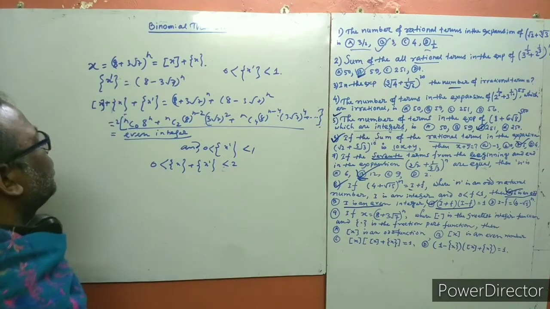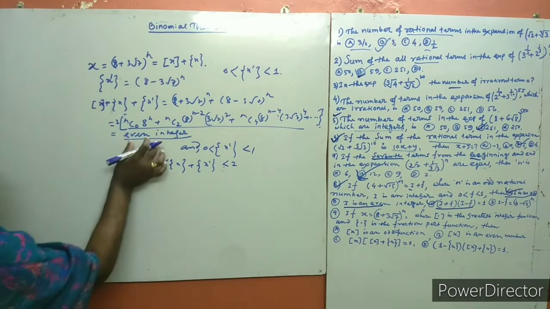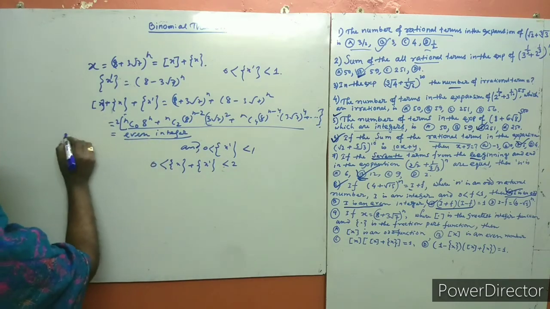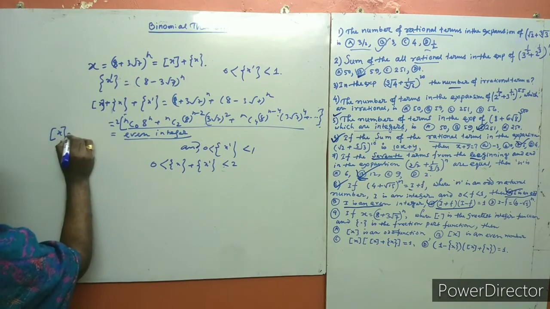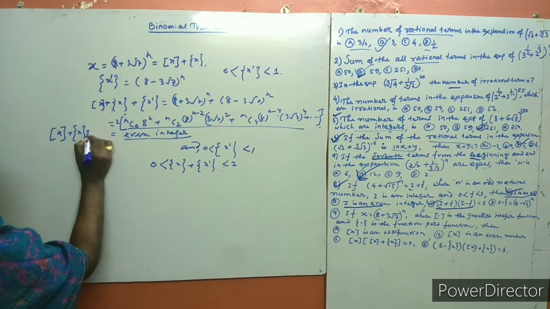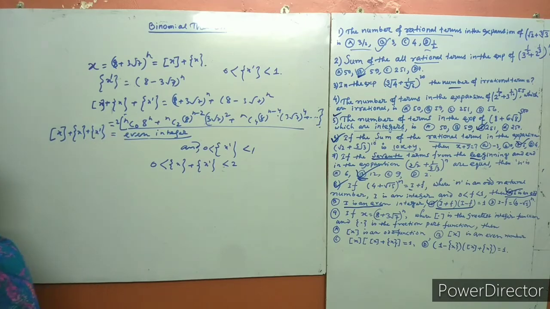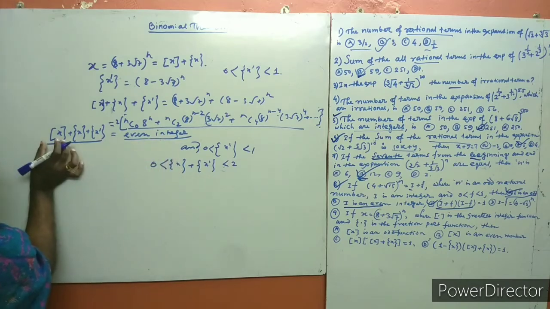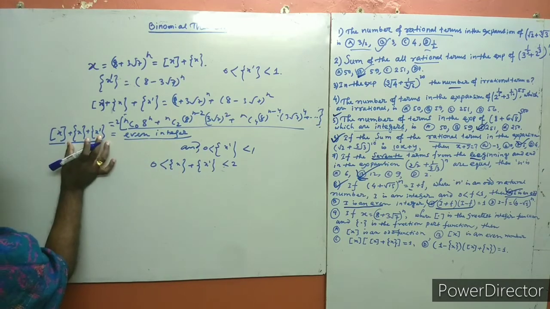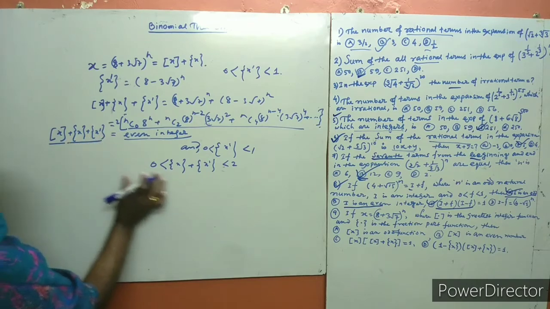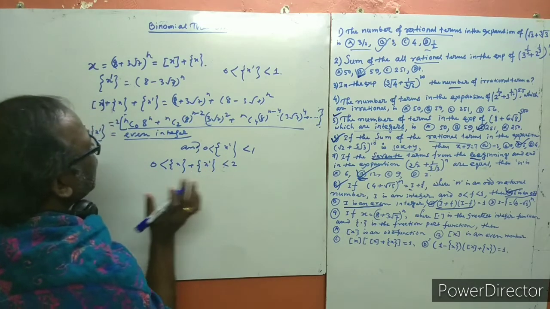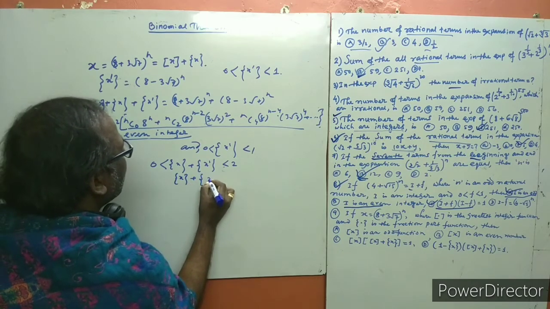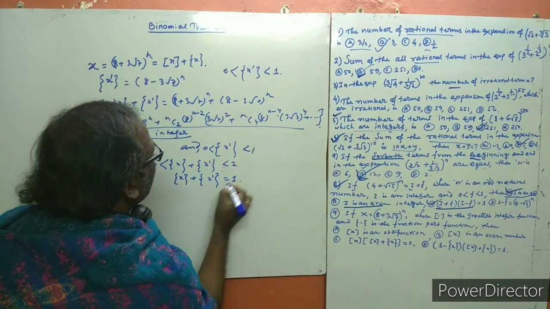So we get this is an even integer. Again, this is the box x, and this is the fraction of x. See carefully, this total sum is an integer, so this lies between 0 and 2, and the integer in between is 1. So this value is equal to exactly 1.